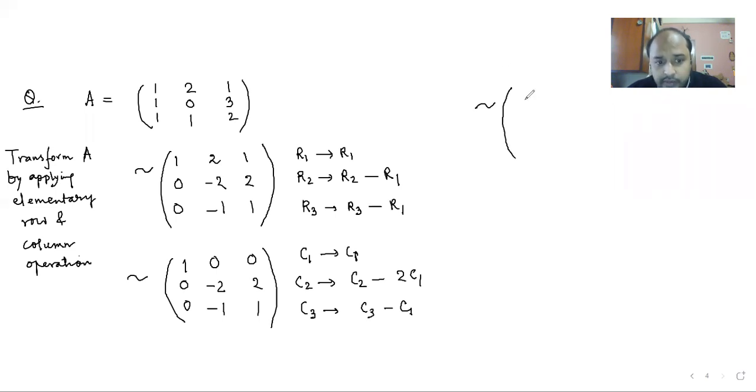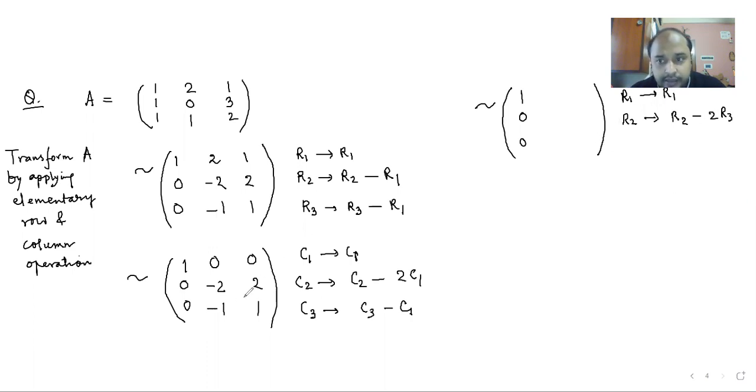So after that, what will I do? I will keep this matrix 1 0 0, and you see what I can do. I can fix R1 the same, and R2 can be changed to R2 minus 2 R3.